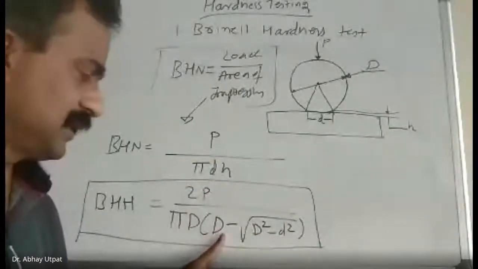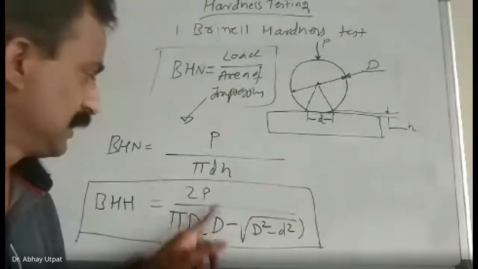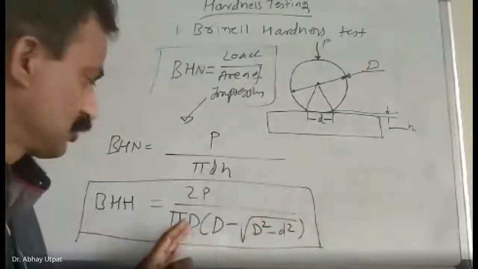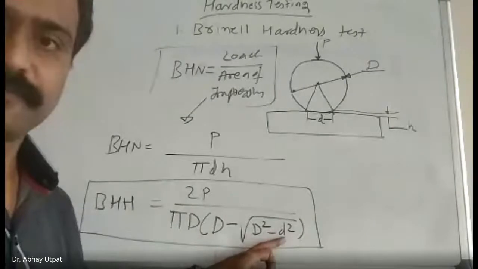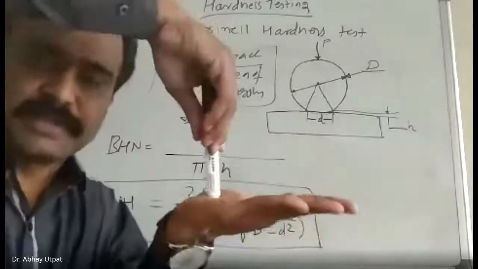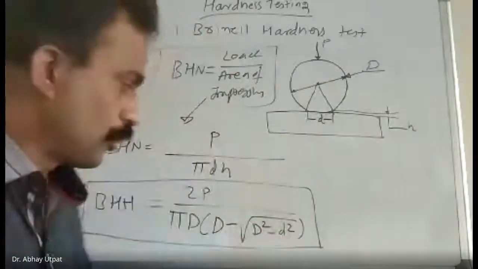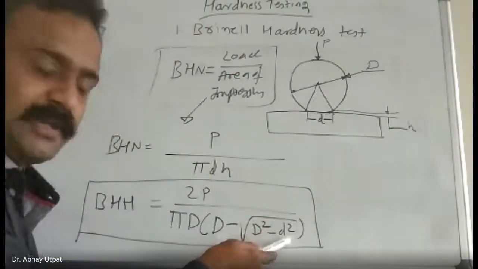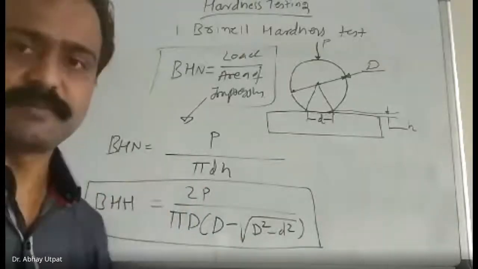Because capital D is known, 10 mm, P is known, 3000 or 500. So the only unknown is small d. So once you take the surface and make the impression by ball, your aim is only to measure the small d. Put the value of d and calculate the Brinell hardness number.